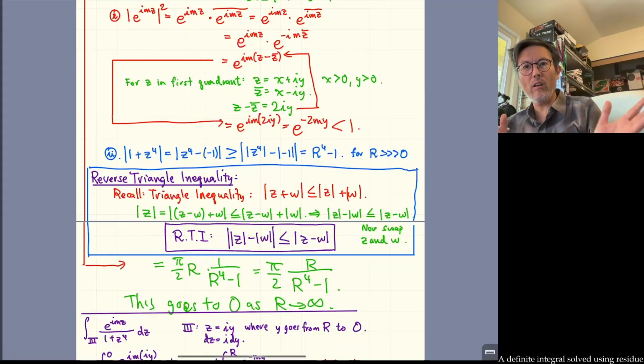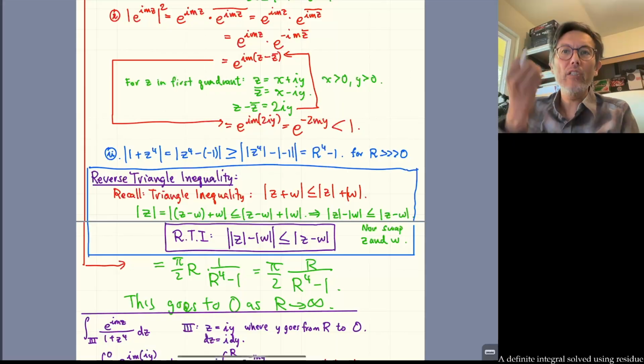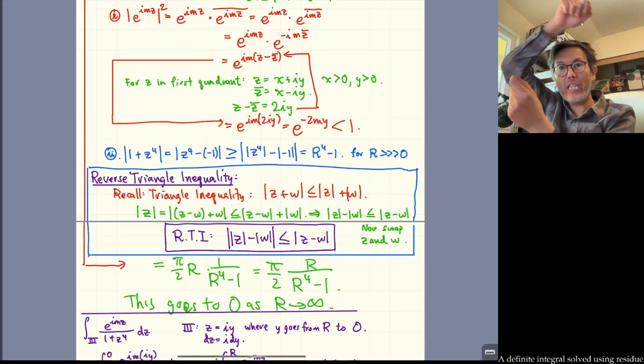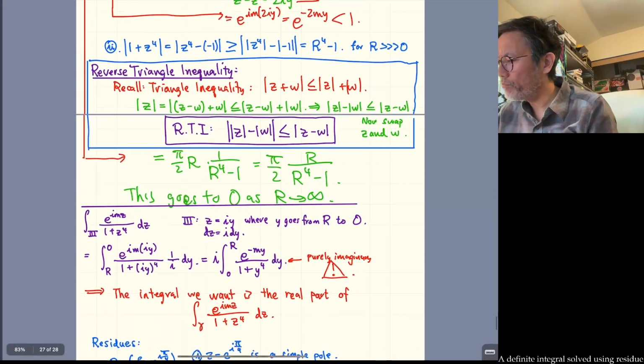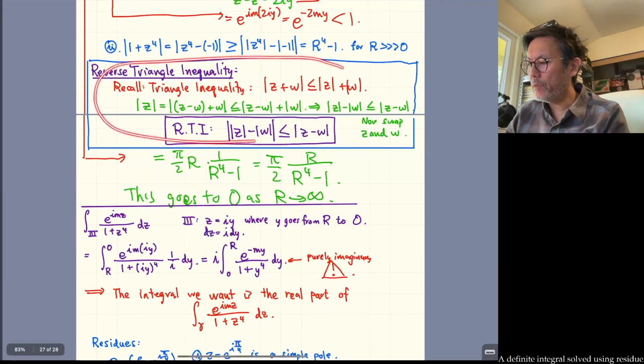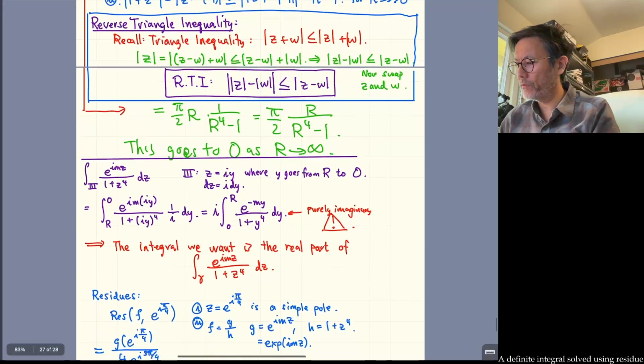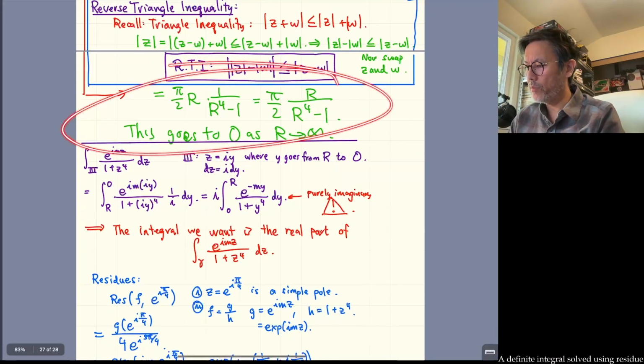The more heuristic argument is, of course, it's a polynomial, so it's going to grow like r to the fourth as we keep z on that circle. But to make that explicit, we use something called the reverse triangle inequality, which is very useful. And then we made the argument there.